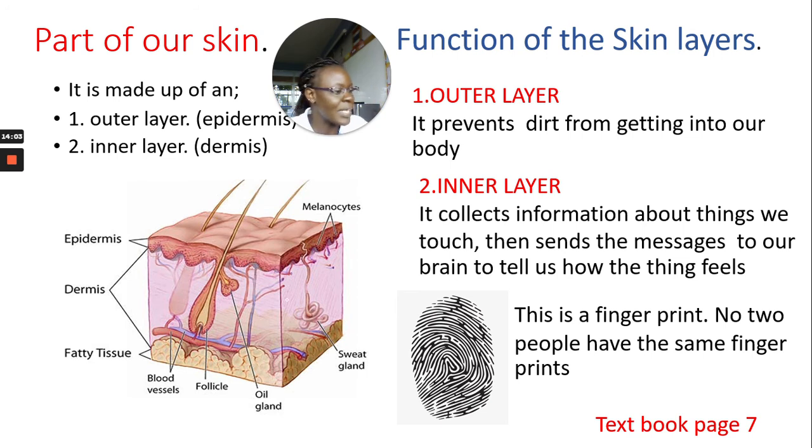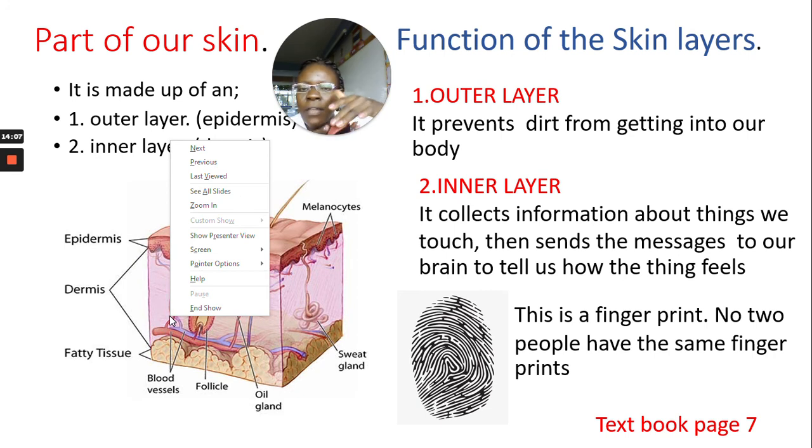When you touch something rough, like this mouse, the inner layer will send the message to our brain to tell us how that thing feels. So our inner layer collects information about things we touch, then sends the messages to our brain to tell us how the things feel.